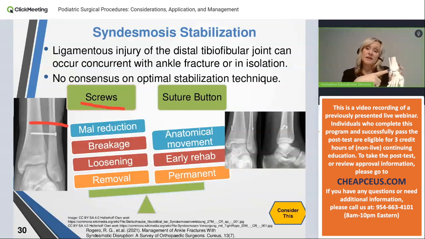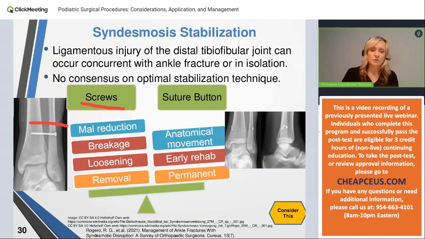So they would go back in and take that screw out. But in the interim, it does cause increased risk of arthritis in all the adjacent joints. What they move to now is a suture button to get something in there to stabilize that more naturally, allows that little bit of movement that is going to occur between those bones, and not need that second surgery to go back in order to take the hardware out.